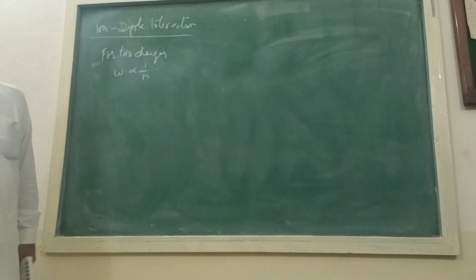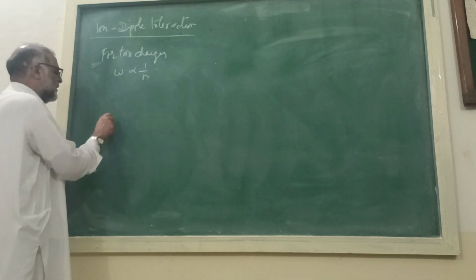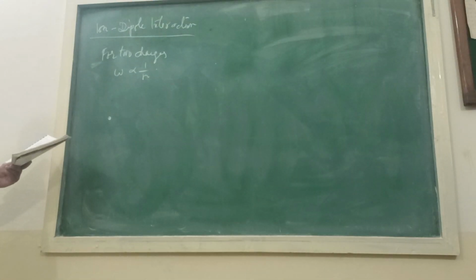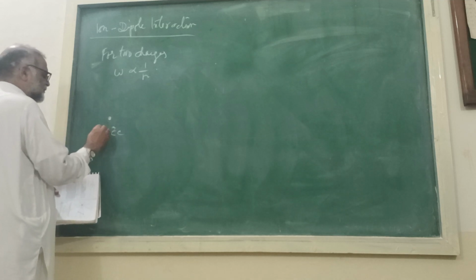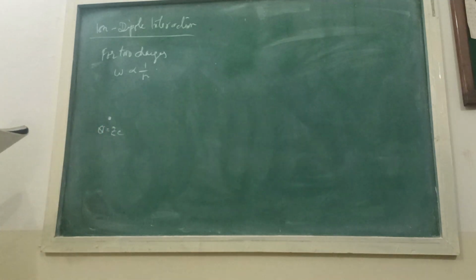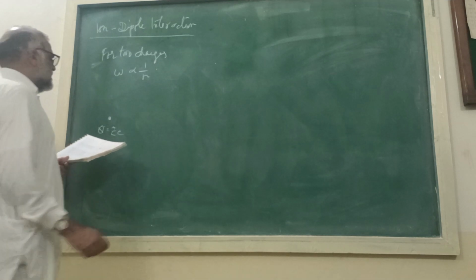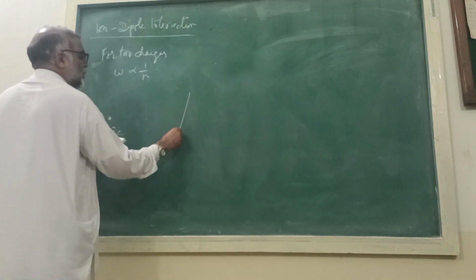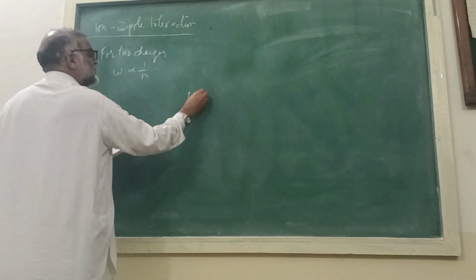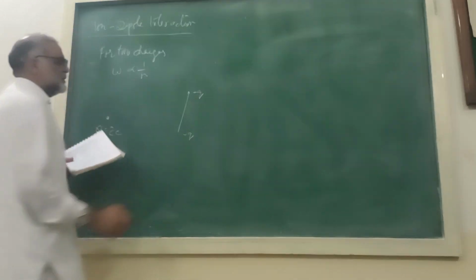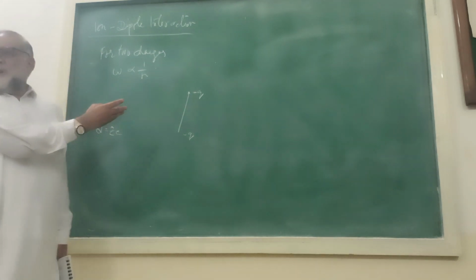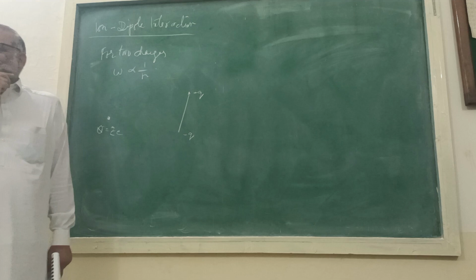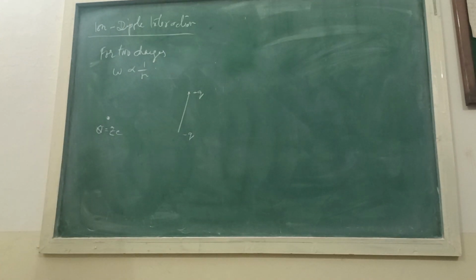Now what will be the situation if we have an ion, for example, Q equal to ZE, and we have a dipole, with plus Q and minus Q? Suppose there is a dipole, for example a water molecule, and there is some charged body. To keep it simple, it is like a sodium ion.